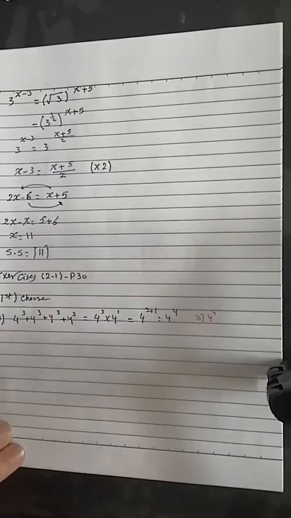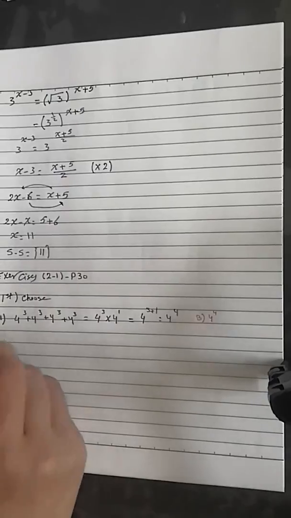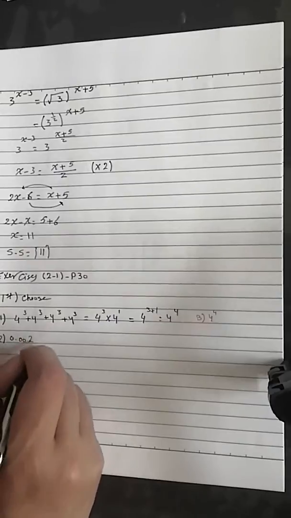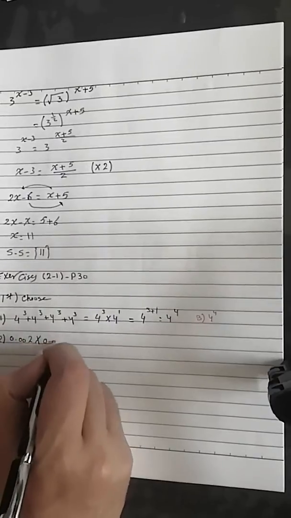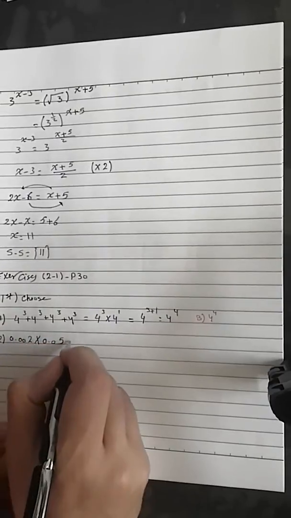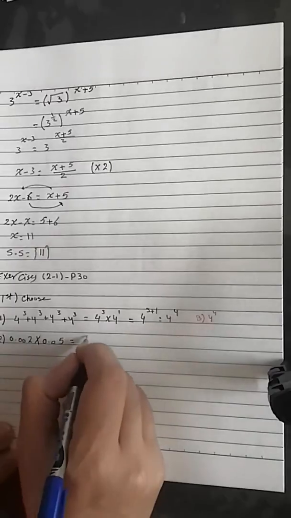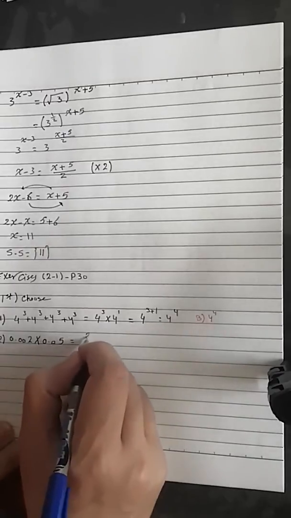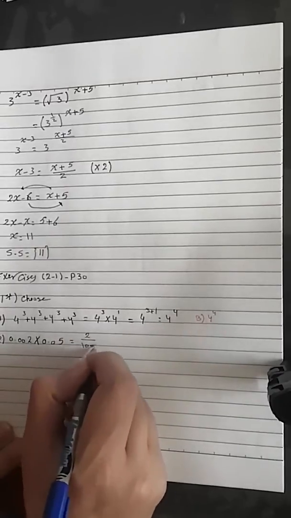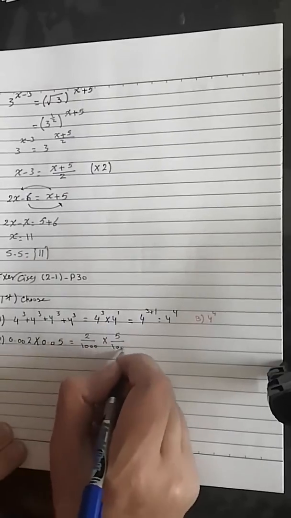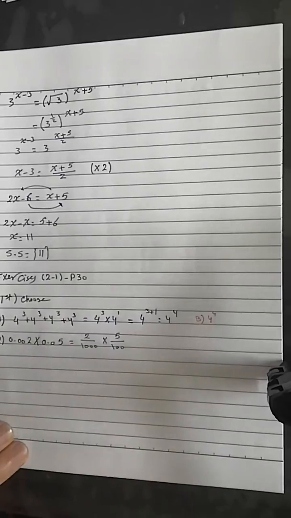Number 2, 0.002 multiplied by 0.05. This one is 2 out of 1000 multiplied by 5 out of 100.